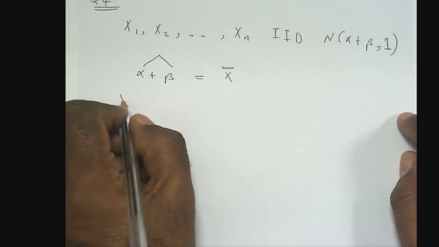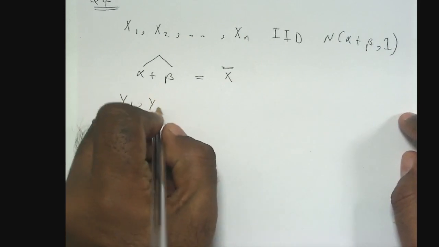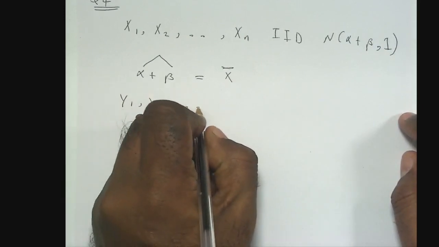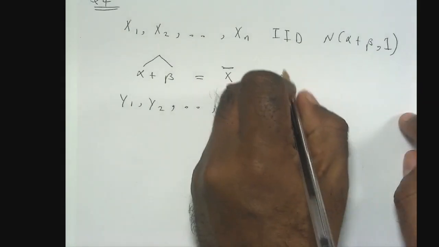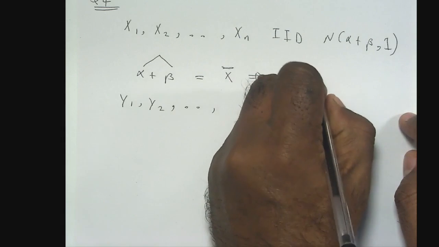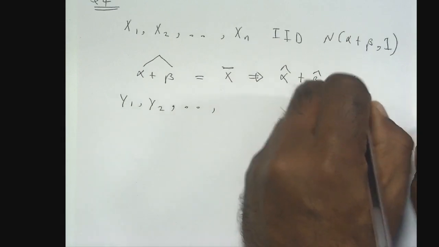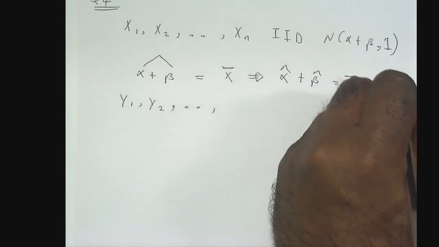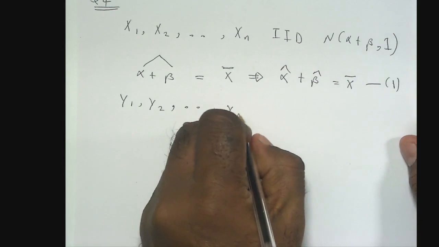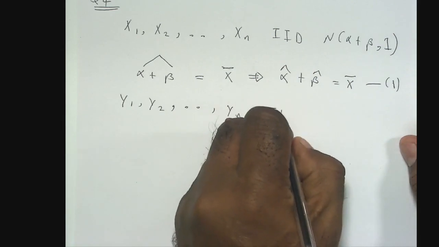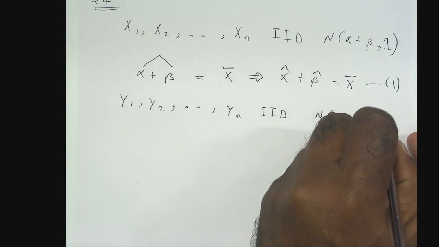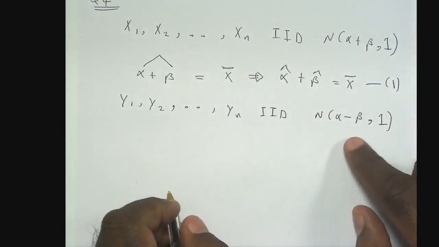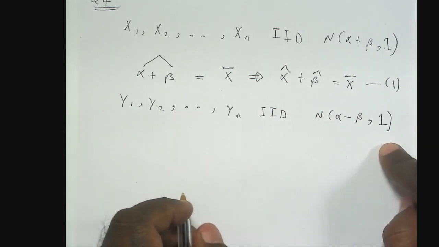And similarly, you have another sample. So this implies that alpha hat plus beta hat is equal to x bar. Call this equation 1. Now, similarly, you have another random sample from a normal distribution with the mean equal to alpha minus beta and the variance equal to 1.